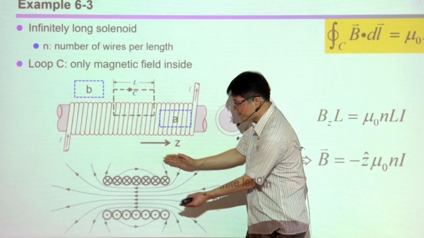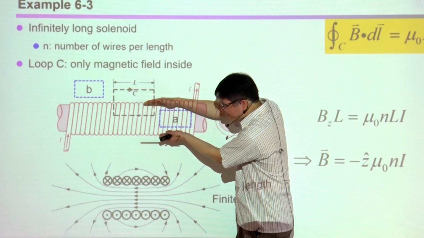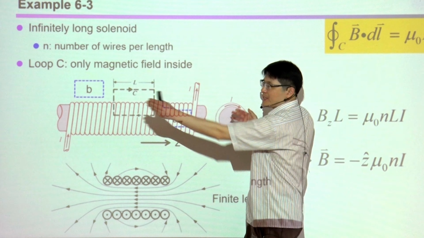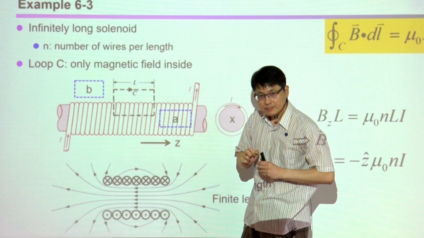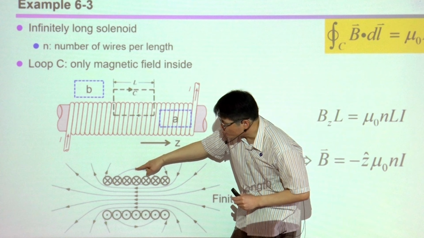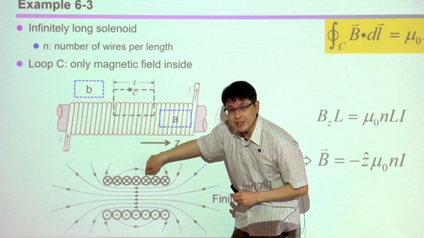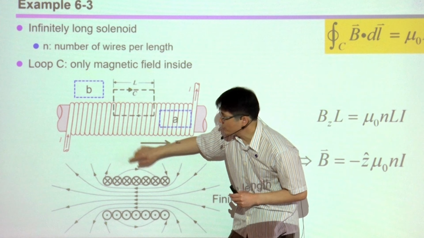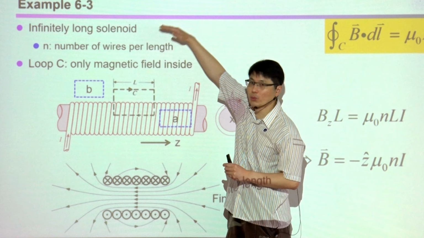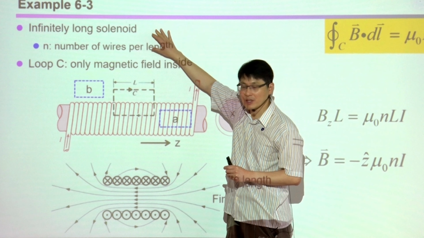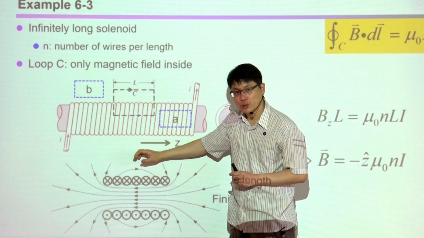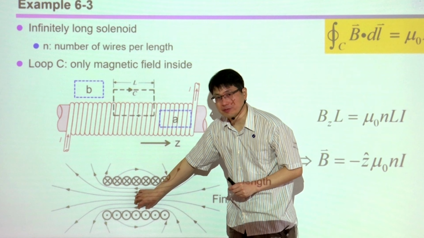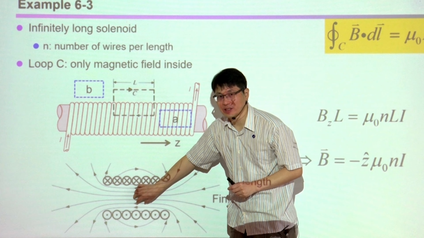So the difference between a finite length solenoid and an infinitely long solenoid is when you increase the length of the solenoid, you're trying to remove all these so-called near-field flux densities. So in the far field, when you're very far away, you do have fields. But when you're close to it, you don't have the field lines. And all the field lines are concentrated inside the solenoid.